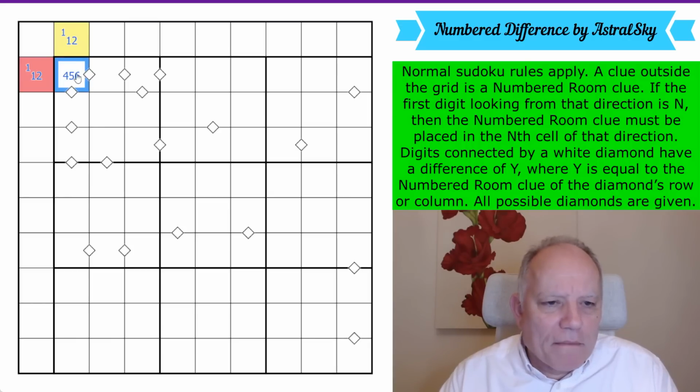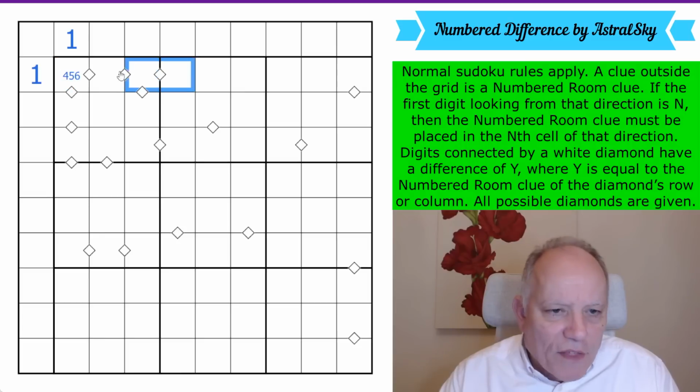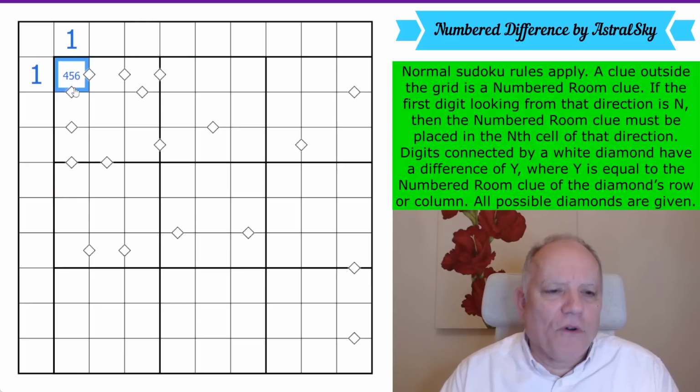And 5 doesn't make it any different. 2, 3, 4, 5, 7, 9, 11. So these are both 1s, I believe now. They don't really need any colour. So 1 is the difference, and this is a continuous sequence of digits. And that is 4, 5 or 6.